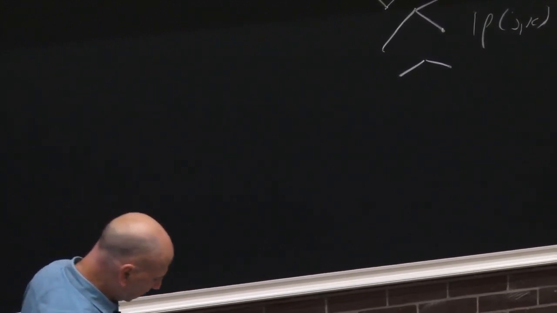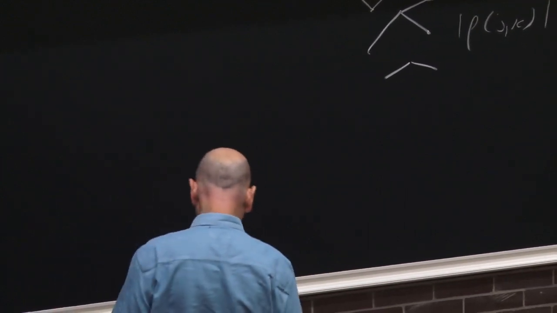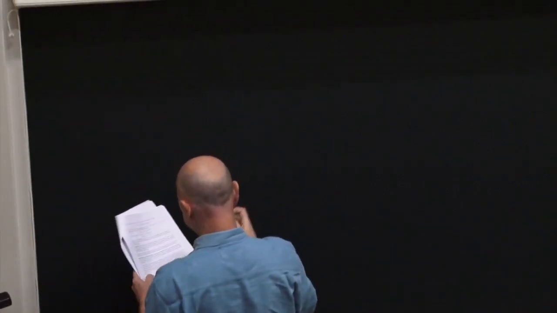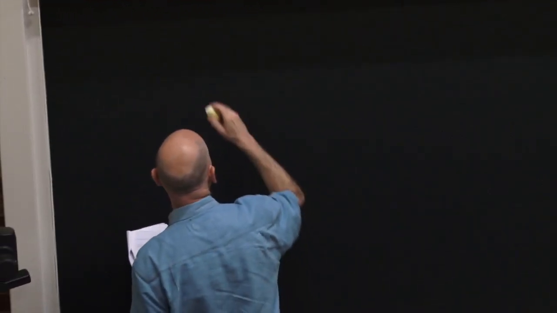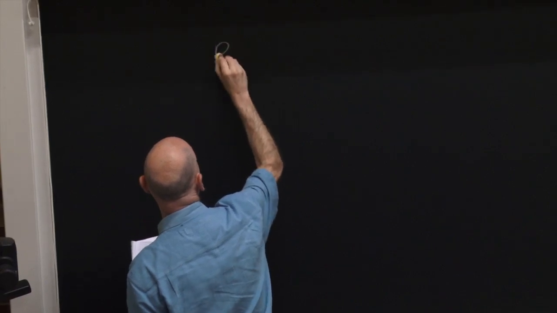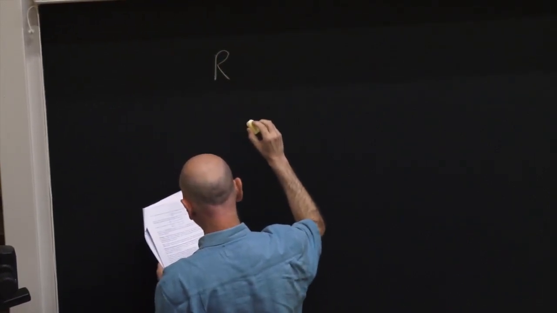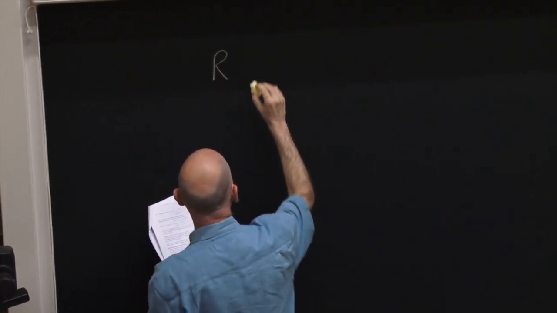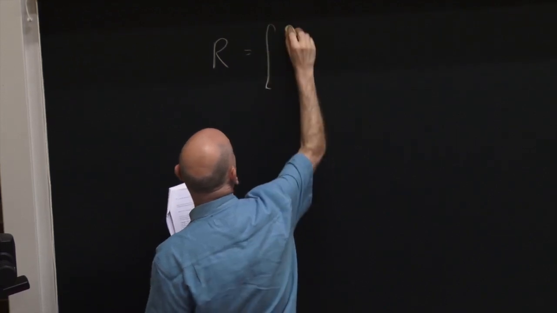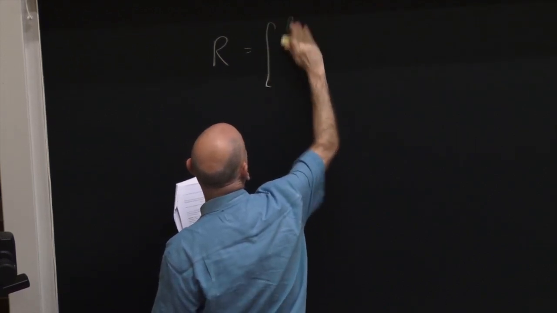So here's how we're going to do it. I'm going to construct all of the correlations. Let's define R to be the matrix.